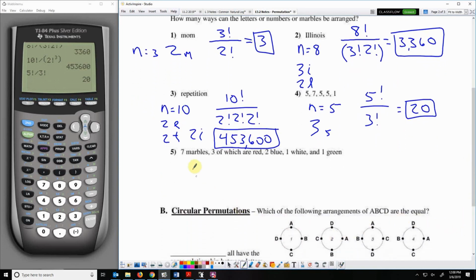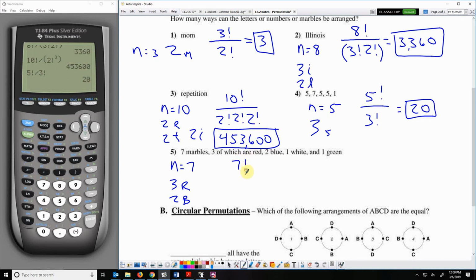Okay, arranging 7 marbles. So n is 7, 3 of which are red, 2 are blue, 1 is white and 1 is green. So white and green are not repetitions.